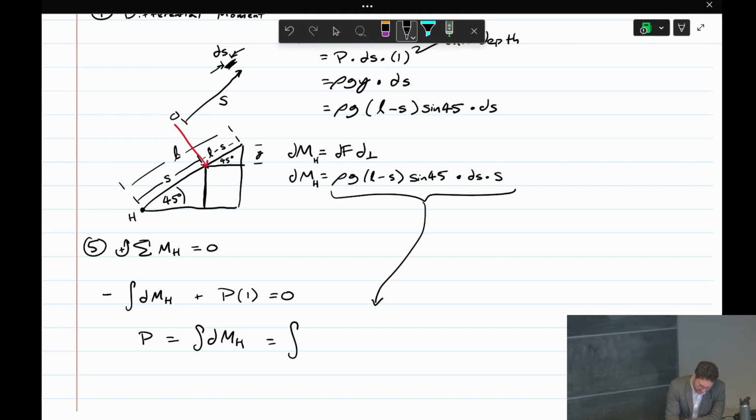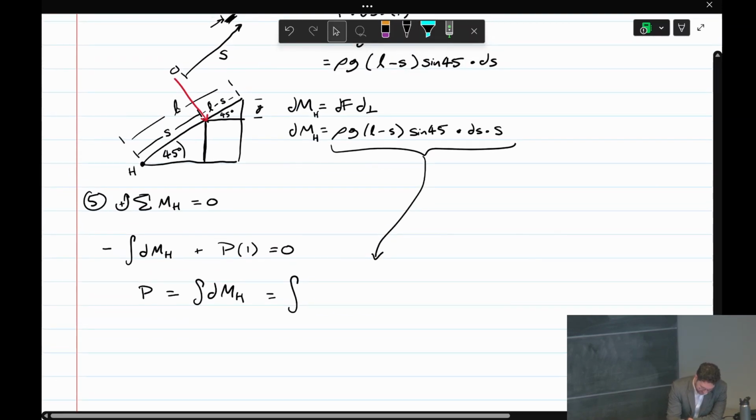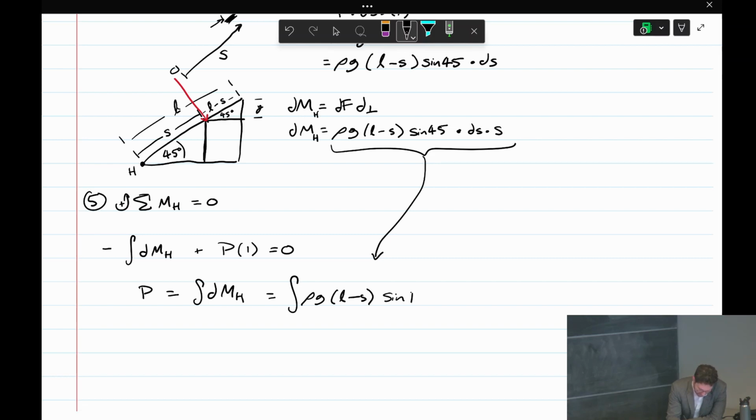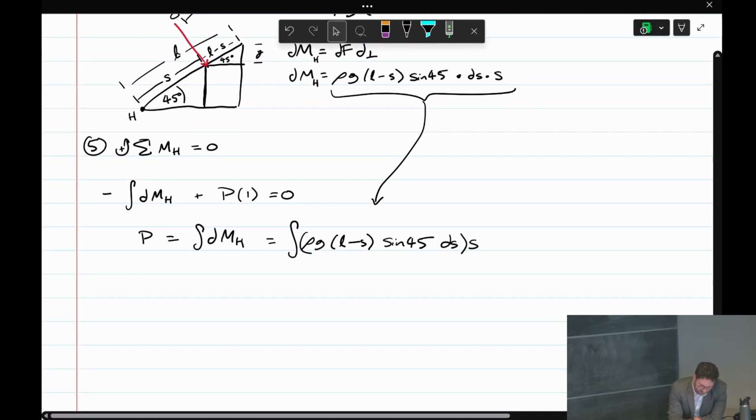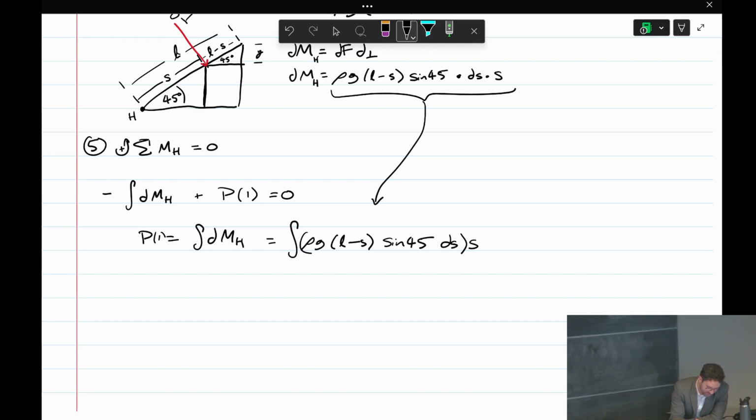So I'm going to stick that in this integral: rho g (L minus S) sine 45 ds times S. So the moment balance tells us that this is P times 1, really.